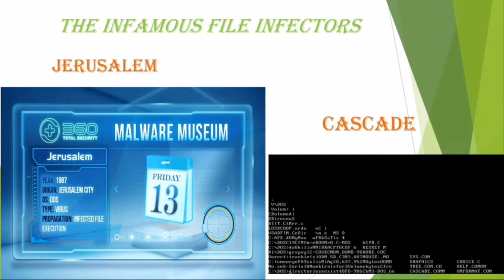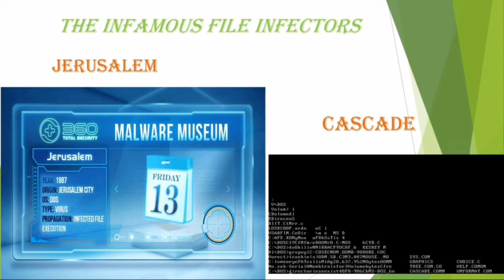Now let me tell you something more about the Jerusalem virus. It infects files with .com and .exe extensions. The size of the infected files will start increasing. For example, a file with a .com extension increased by 1813 bytes. When these files grow, the result is simple: it reduces the memory available in the computer, which causes the computer to slow down.